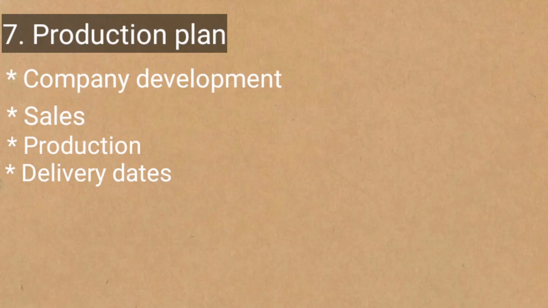The seventh element is your production plan. A production plan should include company development, production and delivery calendar, and your sales. This will help you plan around when you need to make your productions. Now there are different seasons in the year, so you have to know when you're producing for winter, when you're producing for summer, when you're producing for autumn.